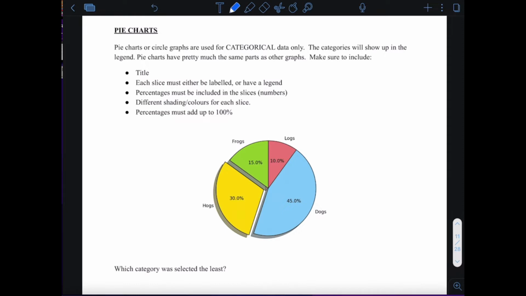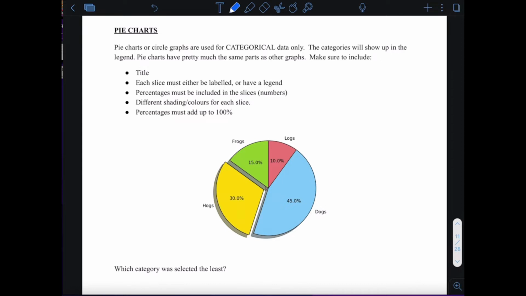So they should be maybe not exactly to scale, but for example, in this pie chart, we can clearly see that 10% is smaller than 15, which is about half the size of 30, and then 30 and 15 look to be about the same size as the 45% piece. Okay, so they must add to 100 and also look reasonable.